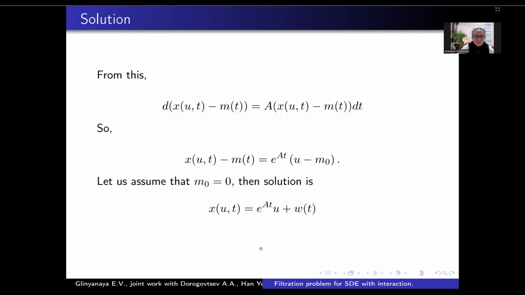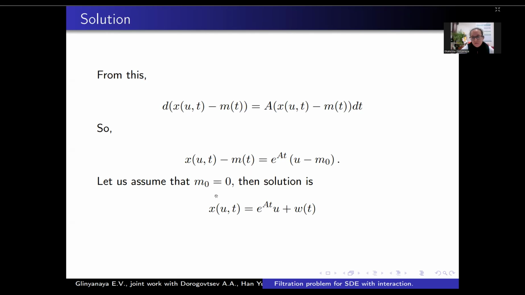Now we can write the differential equation for the centered system, x minus the center of mass, and here we can see that this equation is deterministic, and we have the solution of the following form.